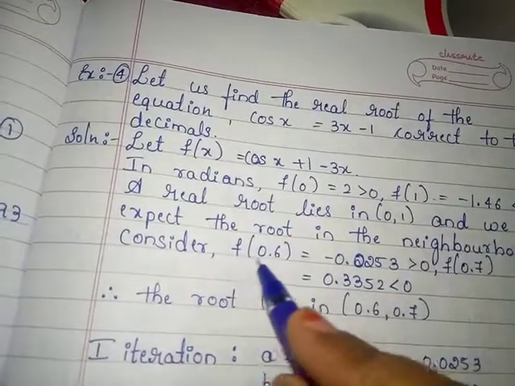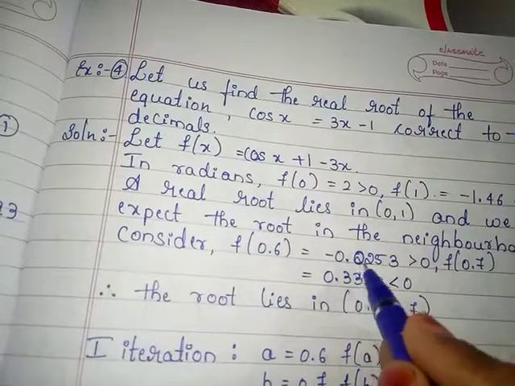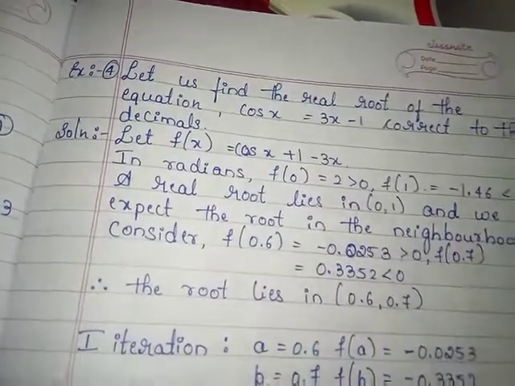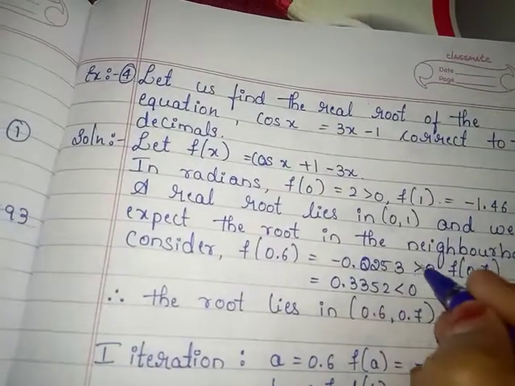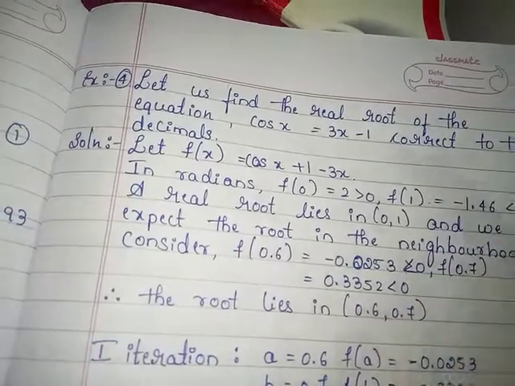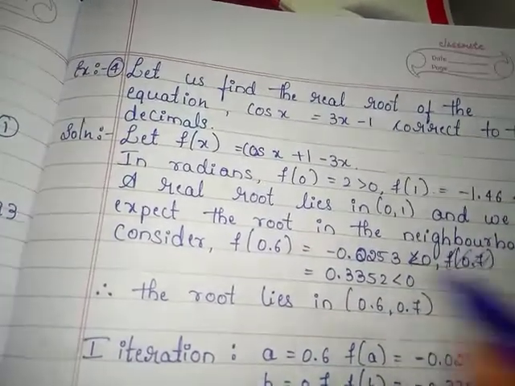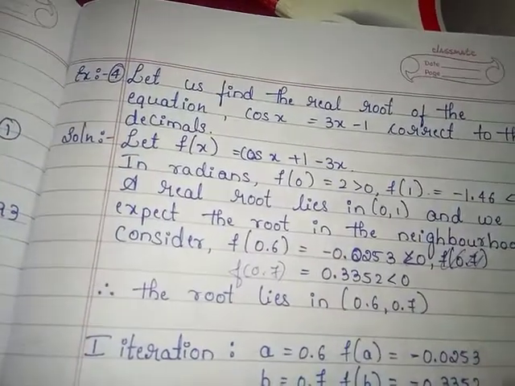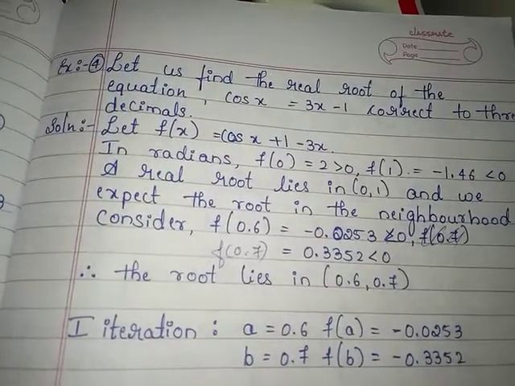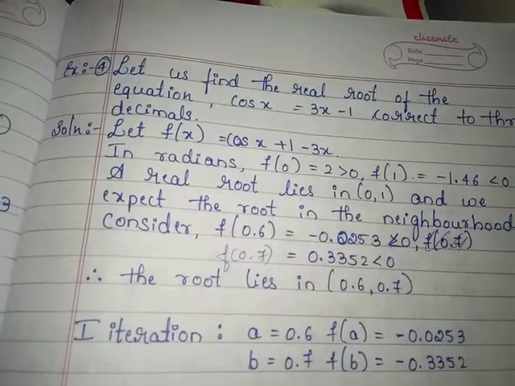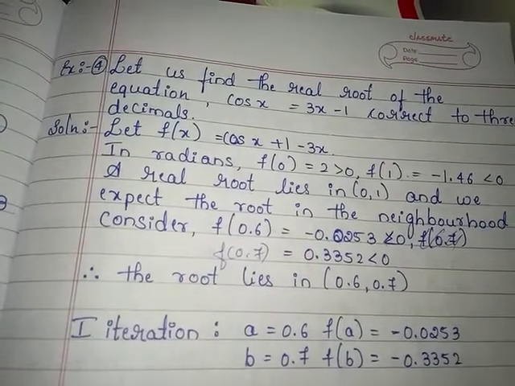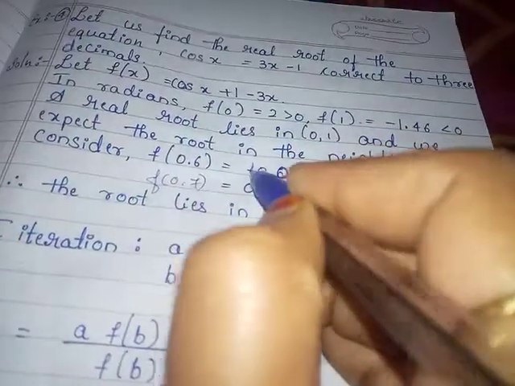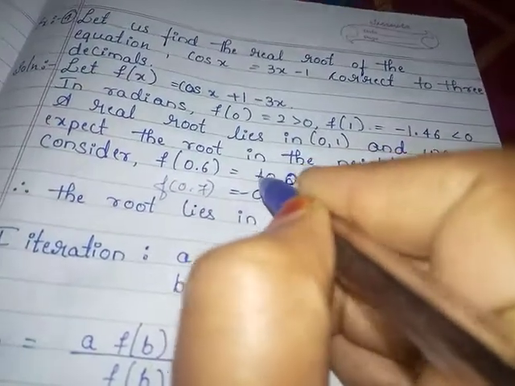Up to 0.6 we will get the negative values. f of 0.6 value is minus 0.0253, which is less than 0, and f of 0.7 value is 0.3352, which is greater than 0. Here this one is a positive value and this one is a negative value.